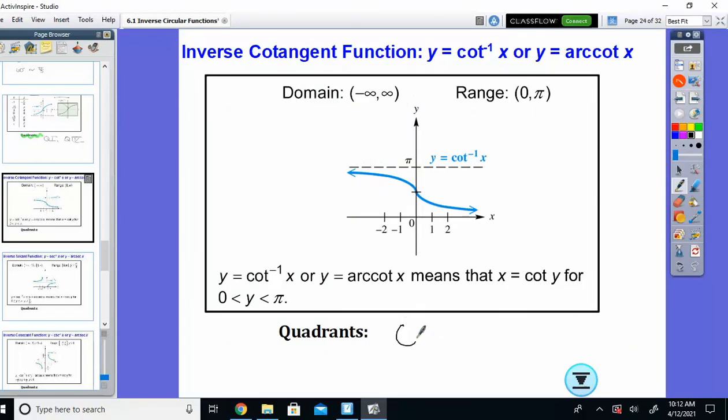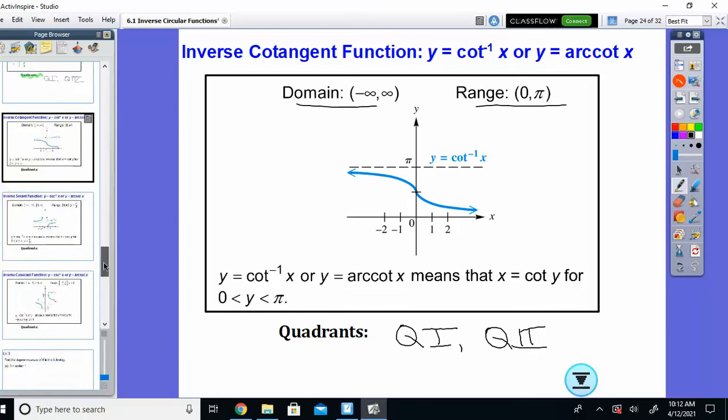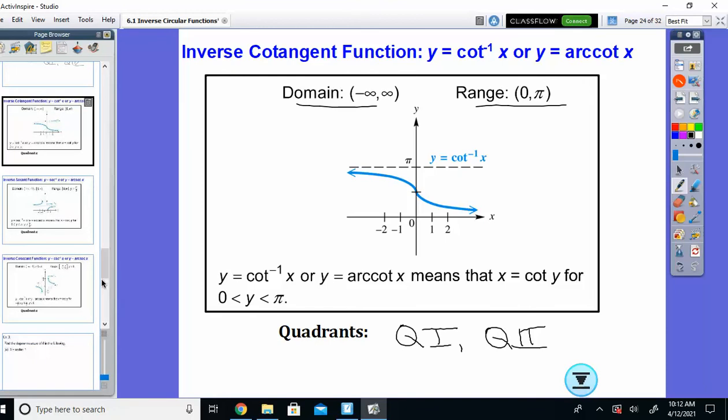So, cotangent, you can get your domain and range. Our quadrants are 1 and 2. So secant is the reciprocal of cosine.